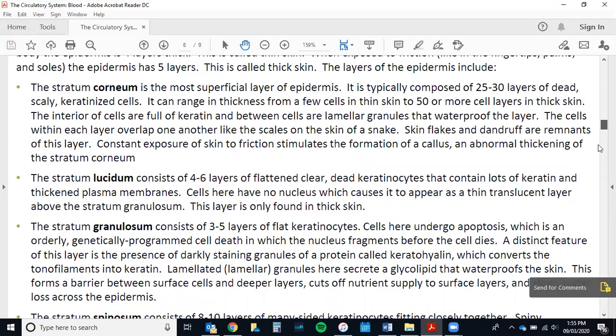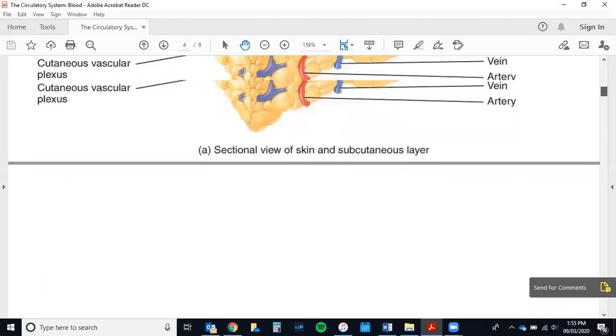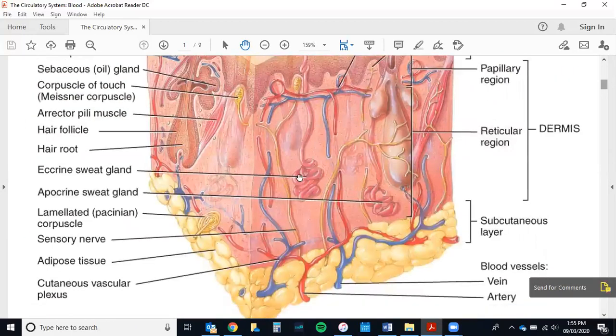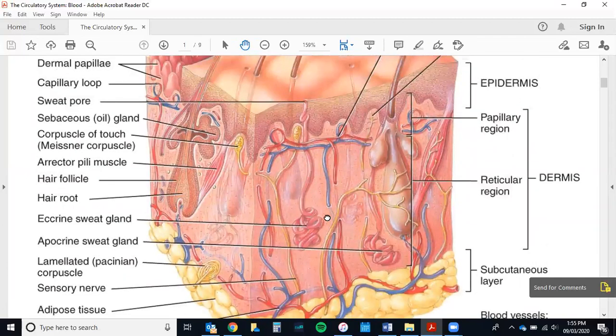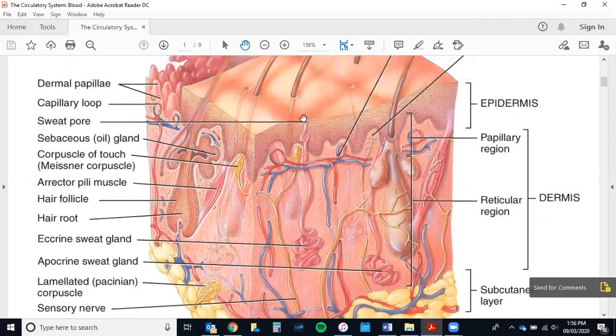If I go back to that picture on that first page, we can see them here in our picture. I had you guys highlight them and make sure you knew them. If you follow where the duct goes, that's going to be the key to telling them apart. The duct of an eccrine sweat gland opens up at a sweat pore, which is just an opening at our skin surface.